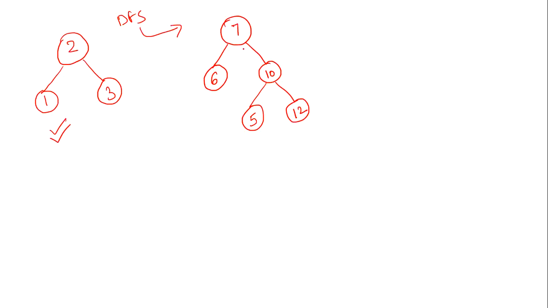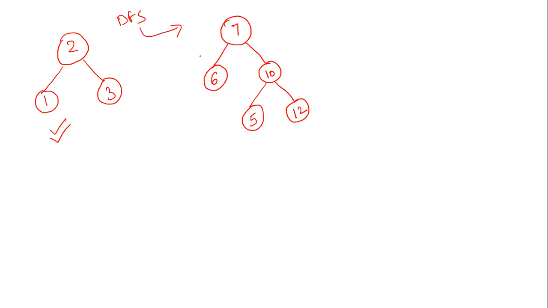But see, one rule is violated here. 5 is less than 7, so it must be at the left of 7, not at the right. This condition is false. So if you use DFS, then you can only keep track of the root elements. If you compare 5 with its parent element, the condition is true, it satisfies the BST condition, right?